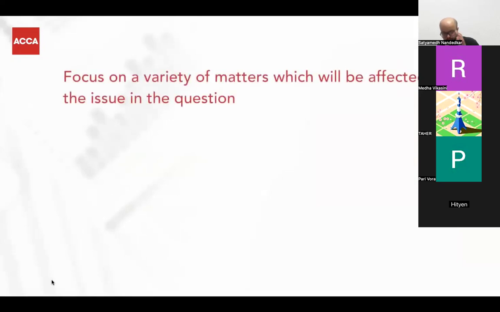Demonstrating commercial acumen is something that you will do as you answer the detailed requirements and will not be a separate section in your answer. To maximize your commercial acumen marks, consider the following 3 points. Focus on a variety of matters which will be affected by the issue in the question.